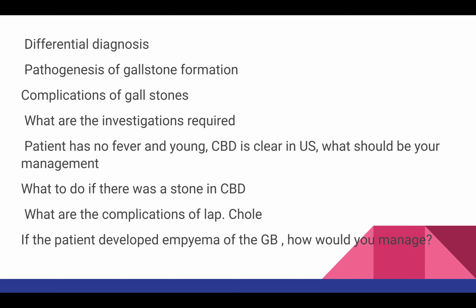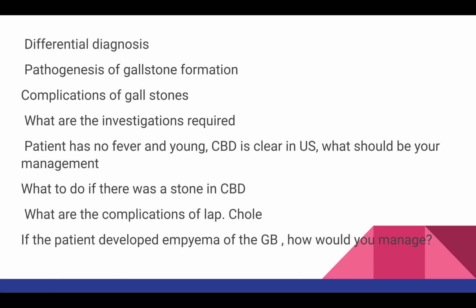Okay, so what are the investigations required to identify the pathology in this scenario? We should send the patient for LFT, urea and electrolytes. Then we can do the ultrasound. Depending upon the ultrasound, if there is any intrahepatic biliary dilatation, we can go ahead with ERCP or MRCP.